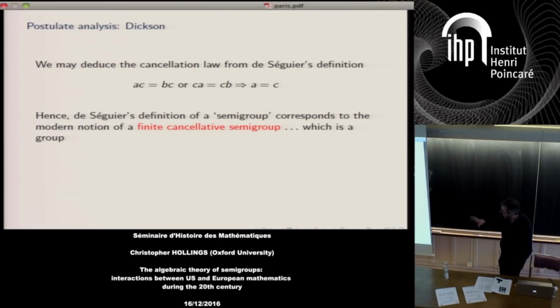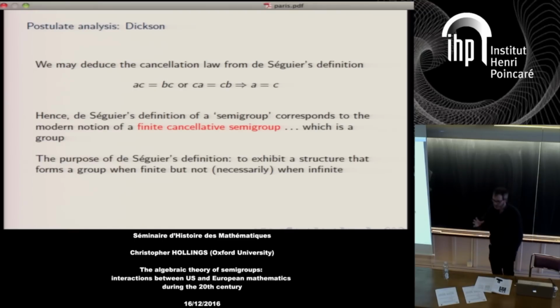And actually, the point of de Segier's definition was that he wanted to propose a structure that was a group when finite, but something else when infinite. And he came up with a very elaborate construction involving the homomorphic relation between two groups and certain sub-semigroups that were groups when finite and not otherwise, and it's all very complicated.